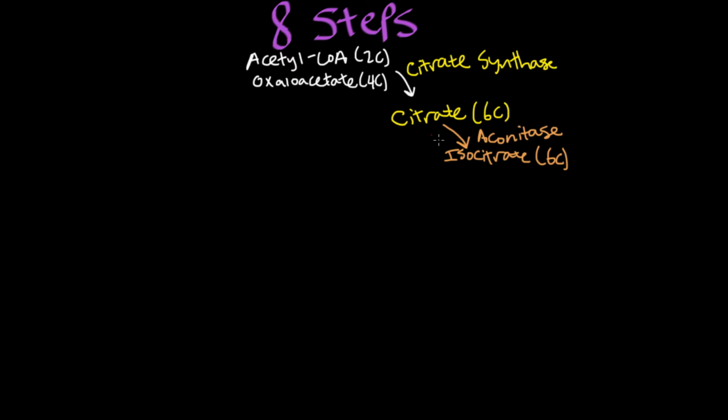So in step 3, we have isocitrate being converted into alpha ketoglutarate. And this reaction is catalyzed by the enzyme isocitrate dehydrogenase.